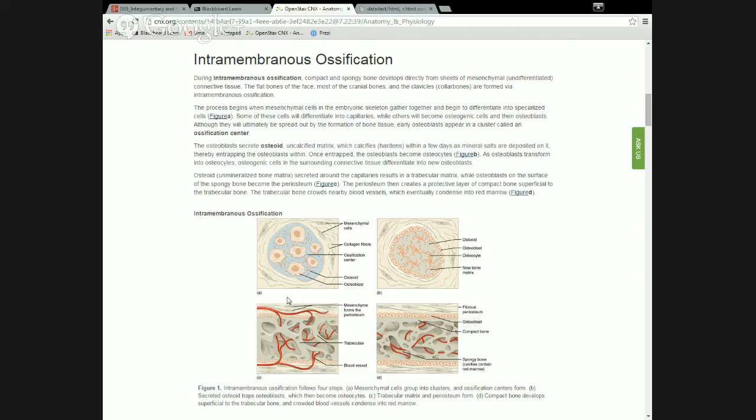Now, there's a reason why the skull and the clavicles do this rather than the other. I'm not 100% sure of what that reason is, but we can get at an idea of where it might come from. What's important about the bones of the skull and the shoulders, especially having to do with childbirth, which is when we're talking about these bones solidifying, calcifying?